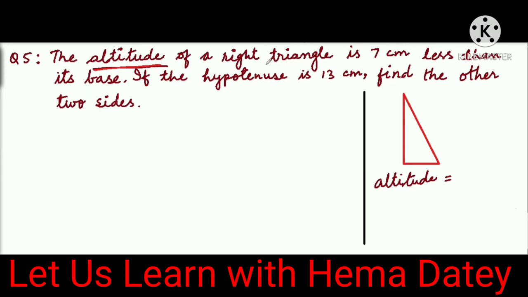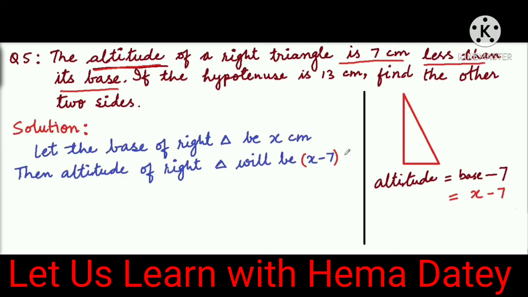So we'll write altitude is equal to base minus 7. If we take base x centimeter, then altitude will be x minus 7 centimeter.